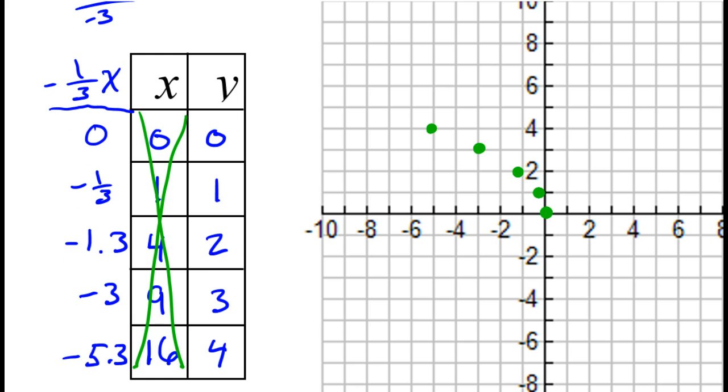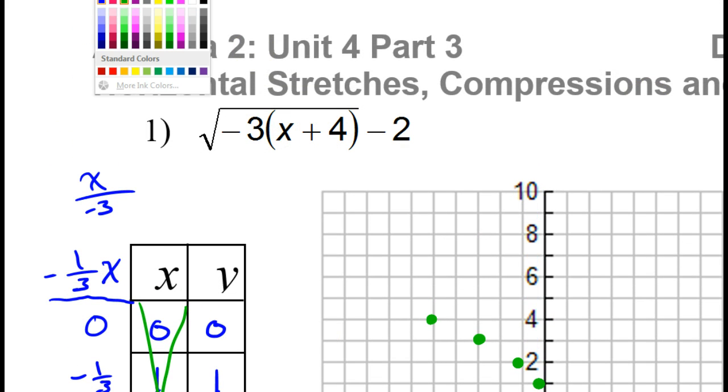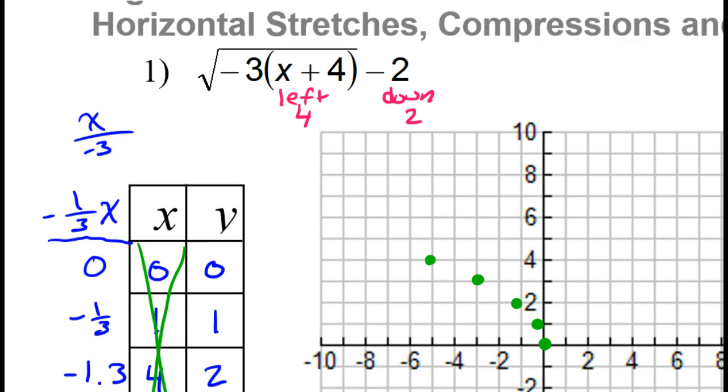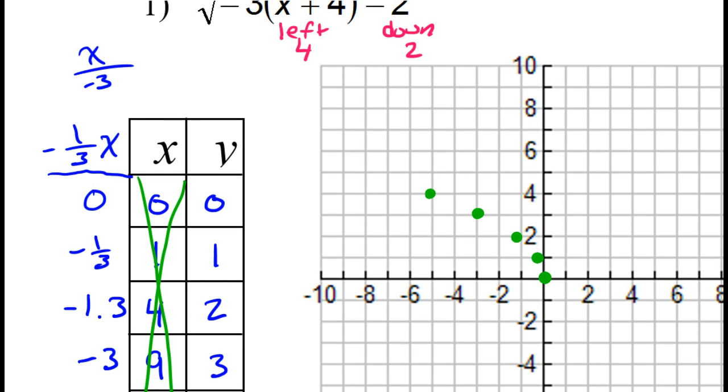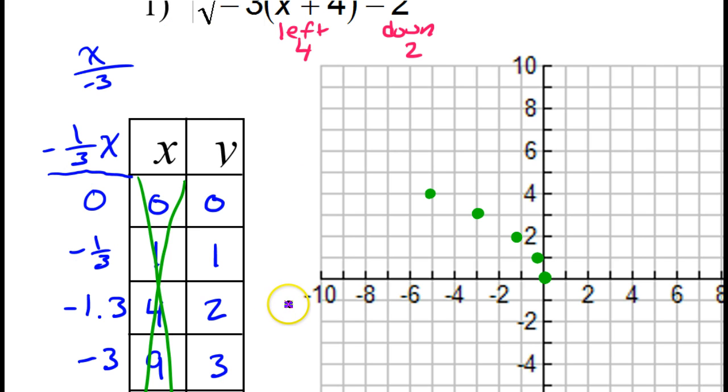So I haven't done the shifting yet. So what is the 4 going to do for us? Left 4. All right, so this is left 4. And what? Down 2. So I'm just going to move all these points left 4 and down 2, and that's all there is to it. It's really quite simple. It's just a matter of making a new x column instead of making a new y column. That's all there is to it.